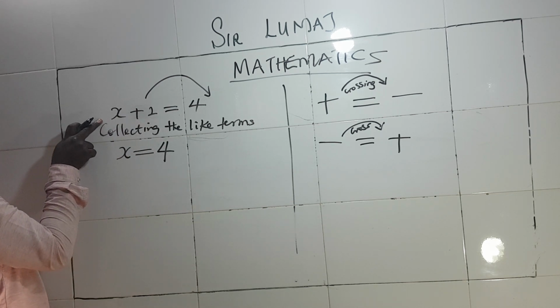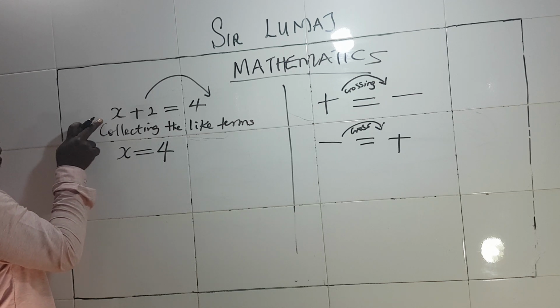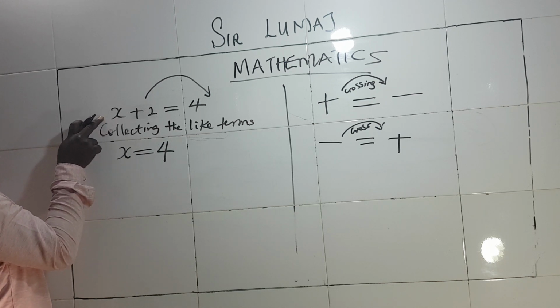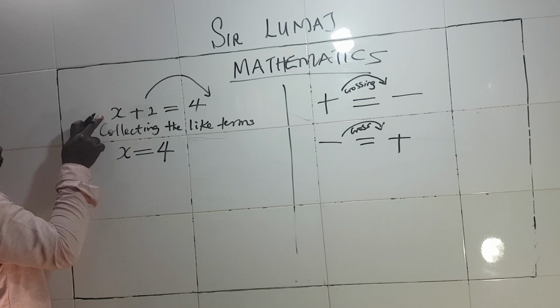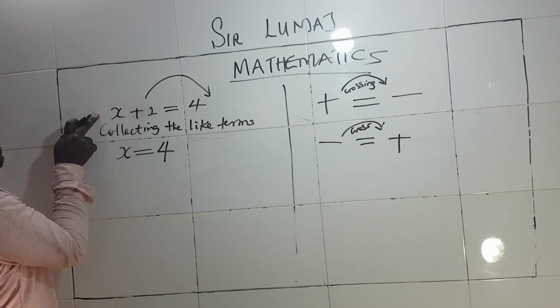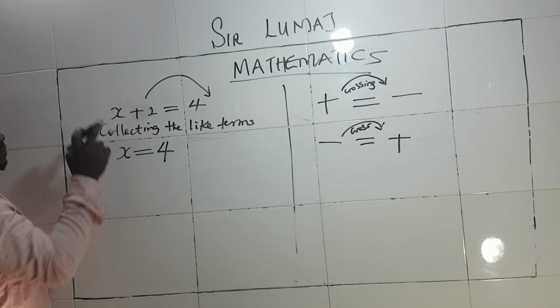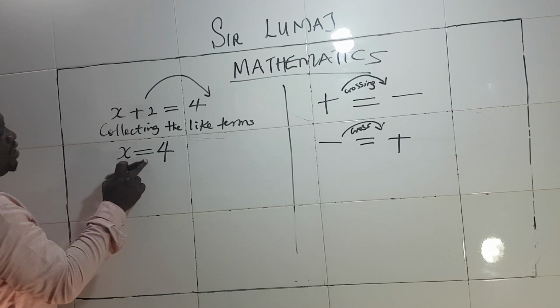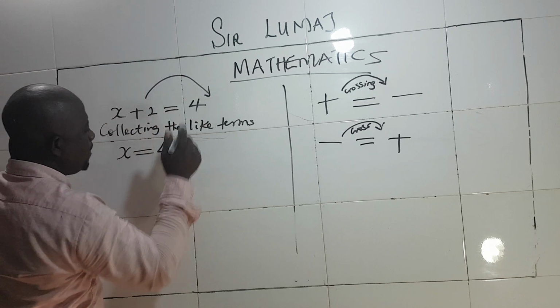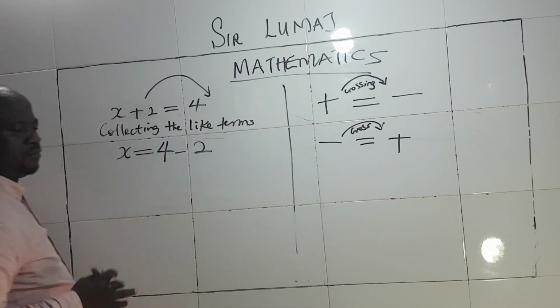The sign always comes before the number. Like this x now, when the sign is not there, it means that it's a plus sign. So this is plus x, but you don't need to write it. Just leave it as x. So we have x equals to 4 minus 2.